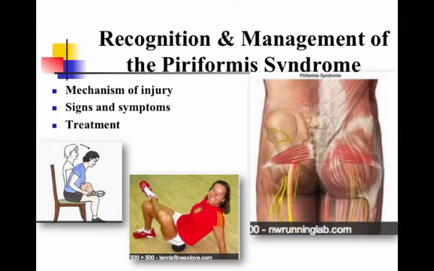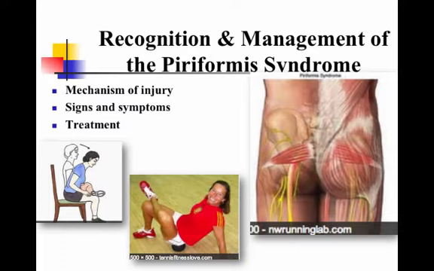Slide 12. The piriformis muscle is V-shaped and connects the femur to the hip. It enables the thigh to laterally rotate at the hip. The piriformis sometimes compresses the sciatic nerve, causing pain in the buttocks that possibly radiates down the back of the thigh. The signs and symptoms of piriformis syndrome include a deep pain in the buttocks with possible radiation down the thigh and down the leg.